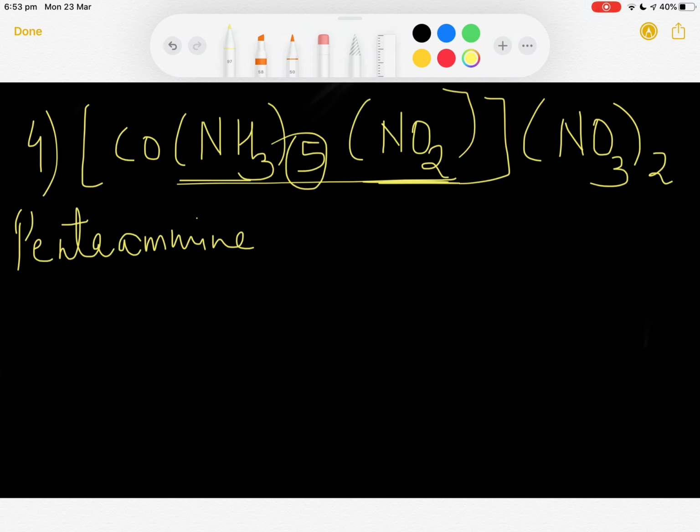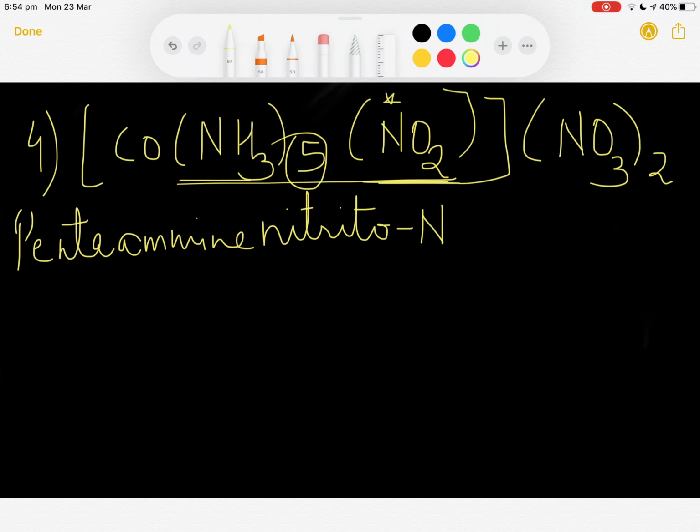So here the coordinating atom, I'll just put an asterisk over here, is the nitrogen atom. So see how I'm going to write here, it's nitrito, fine, N, because N is the atom in nitrito which is coordinating with the metal atom.